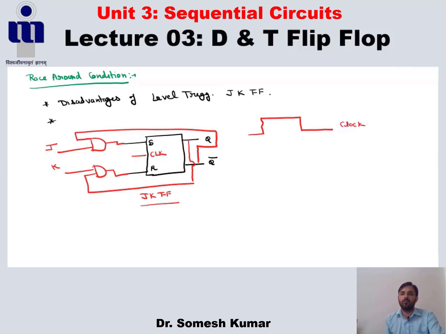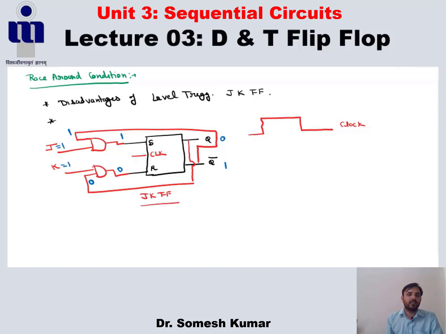Now what happens if J equals 1, K equals 1, and initially I say Q equals 0 and Q bar is 1? Now it becomes 1 1 and it becomes 0 here. So the inputs of these AND gates are 1 1, and here the output becomes 1, here 0. If the input of the SR flip-flop is 1 and 0, then its output goes to the set state.